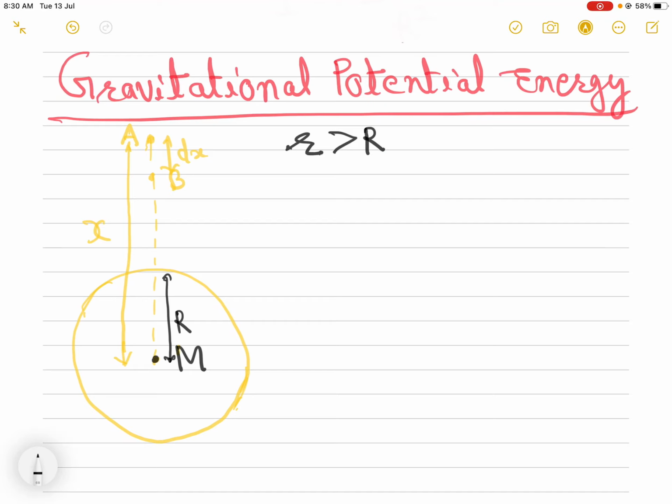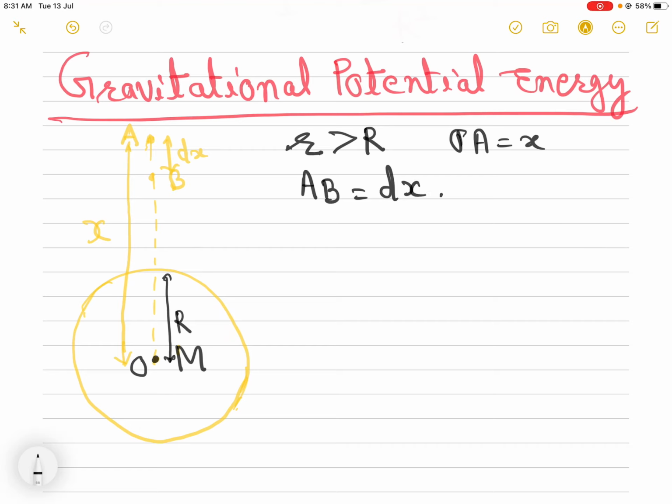Now, consider 2 points A and B in the line joining the center, where suppose center is O, here OA is equal to x, and another point B such that AB is equal to dx.